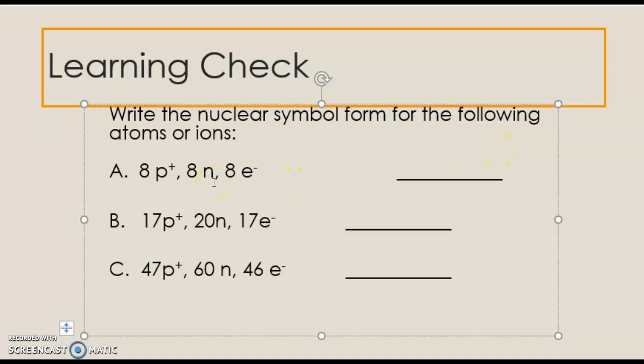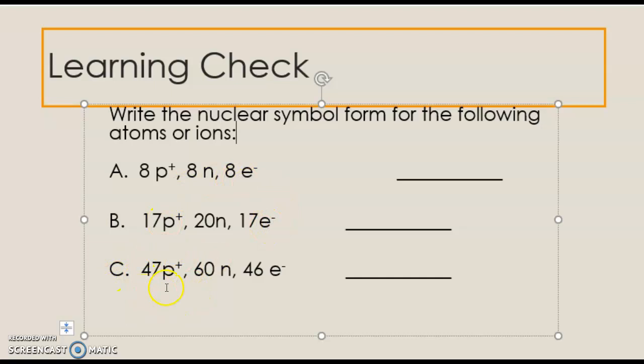Hopefully we'll be in class, because otherwise I'm going to have to upload some drawing of some atoms to show you how this works. But don't forget that if you have a different number of protons and electrons, then that means you're dealing with an ion. So this is basically an atom because the protons and electrons are the same. This is also an atom. The protons and the electrons are the same.